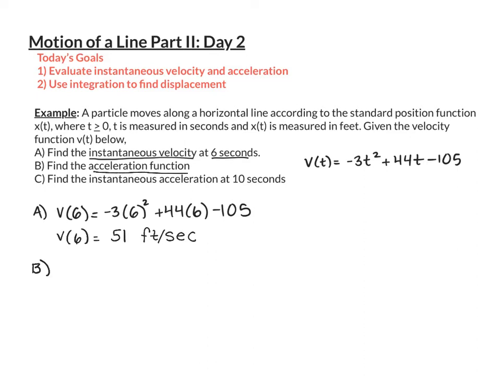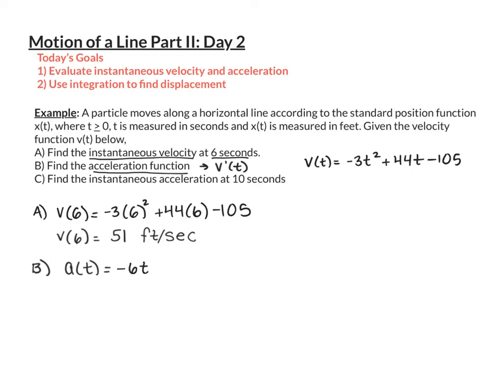The acceleration function, we know, is the derivative of v of t. So I just need to find the derivative of my v of t function. My acceleration function, a of t, is where I multiply the power by the number in front, which gives me negative 6.